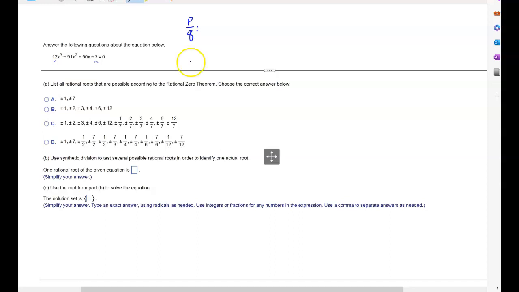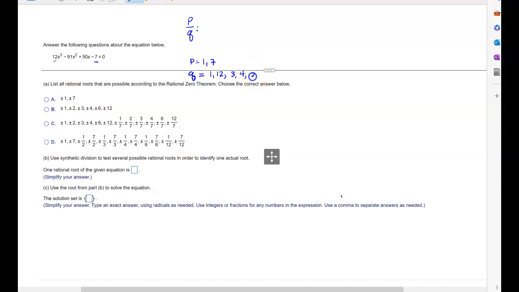So what I would do is I would list down my P's here. I will just write the positive, negative later. So for the P will just be 1 and 7. Those are the factors of 7. And then the Q's will be the factors of 12, which are 1 and 12. What else? You have 3 and 4.